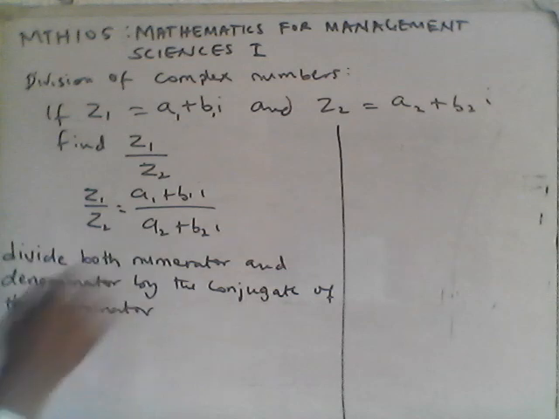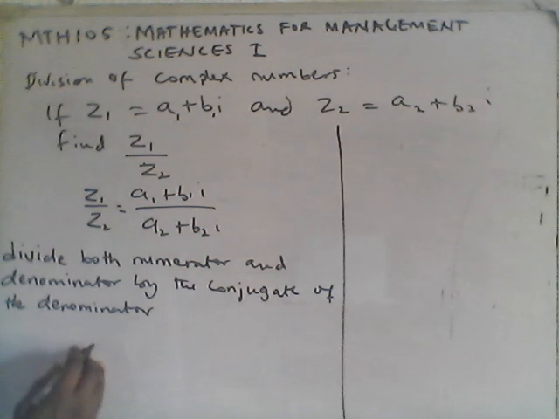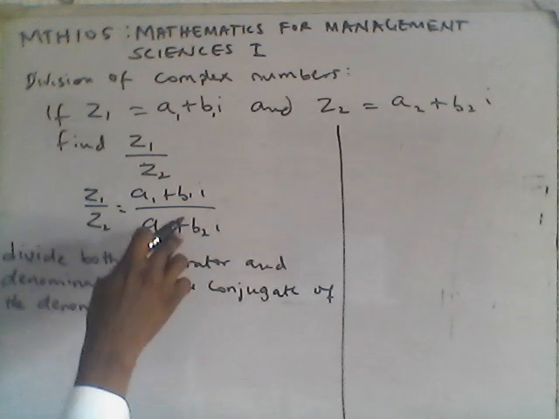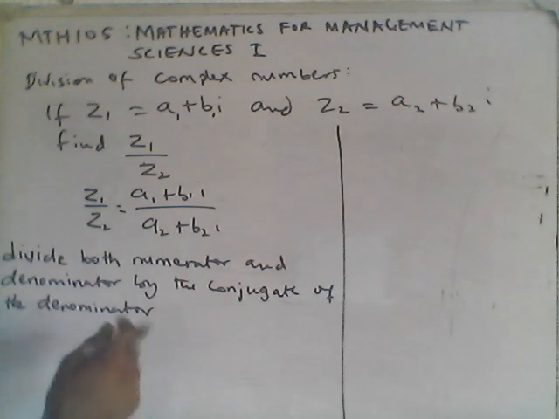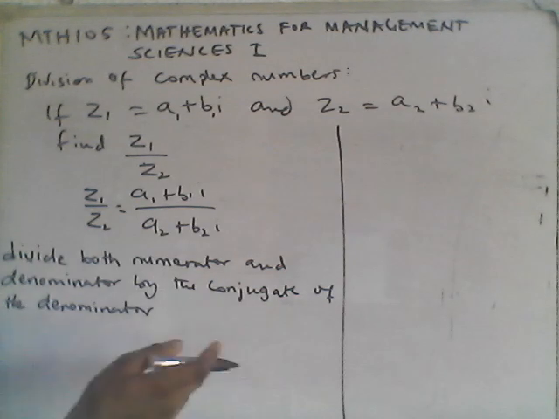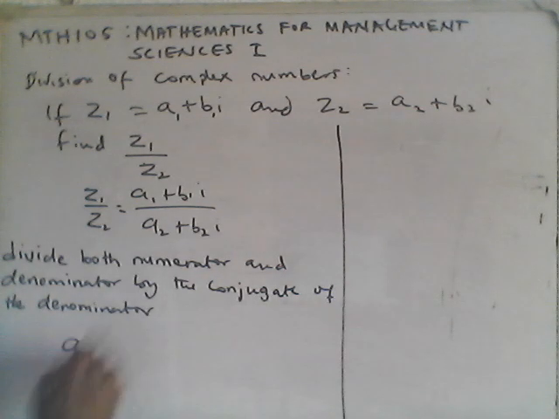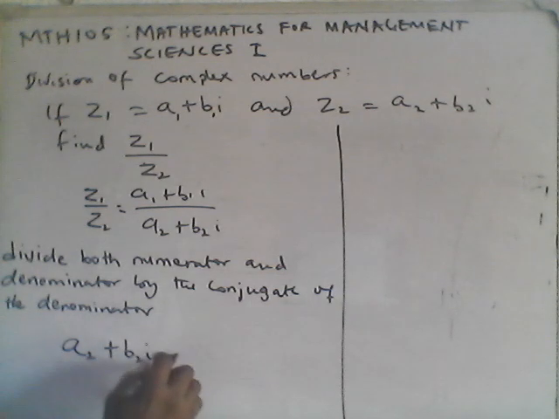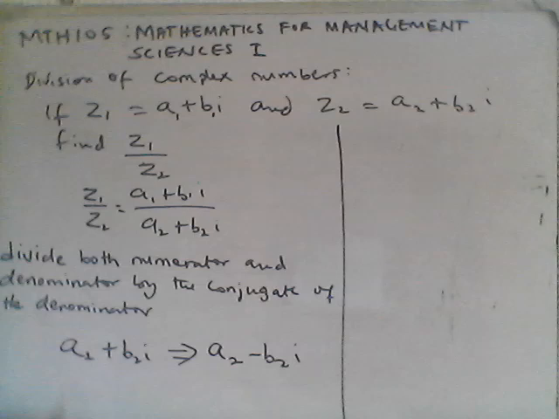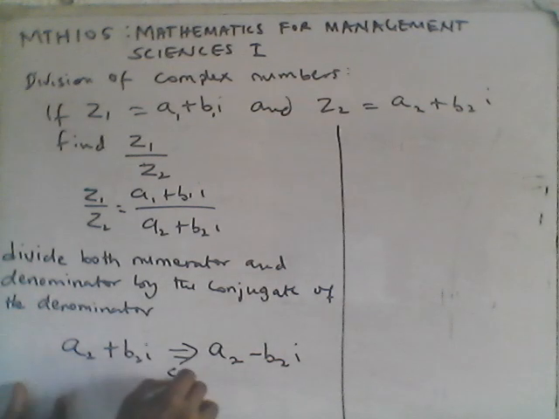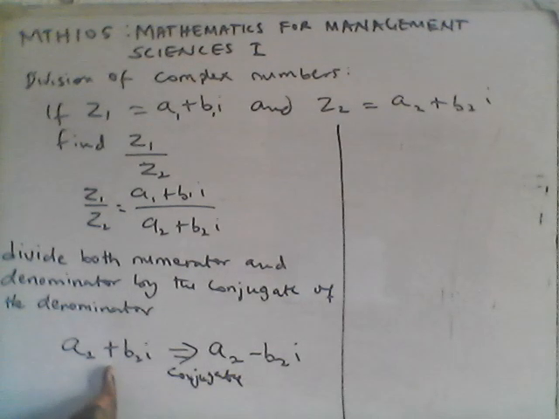What is the conjugate? Conjugate is simply putting the minus operation in between the terms, or changing it to the minus or the plus, as the case may be. If, for instance, I have A2 plus B2i, the conjugate is A2 minus B2i. So the conjugate is actually flipping the operation here.